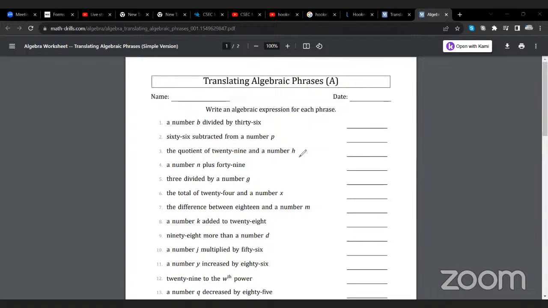So you are correct. What does the word quotient suggest that you do? Divide. Good.